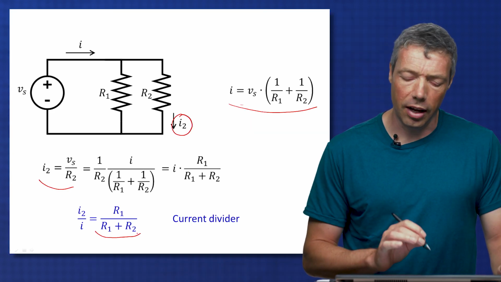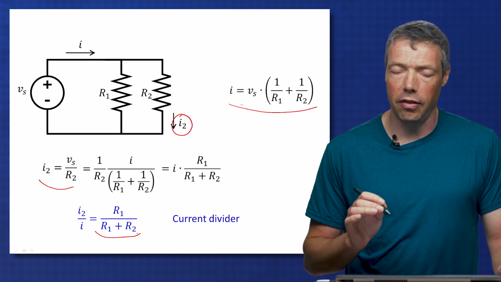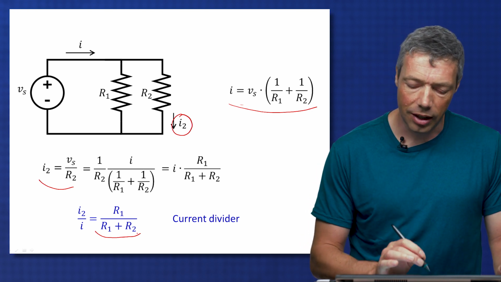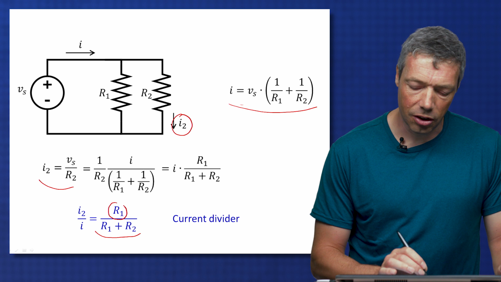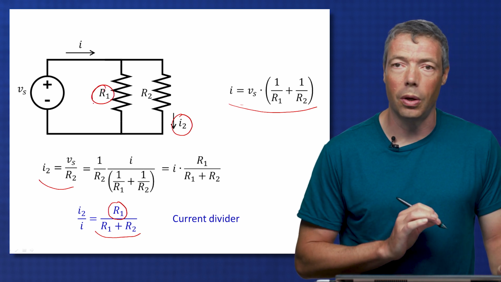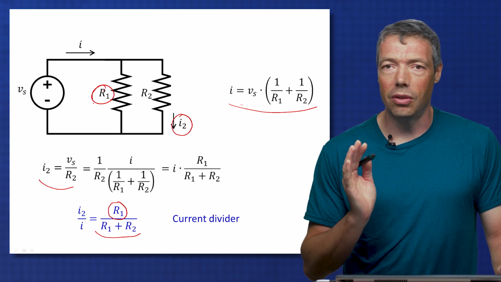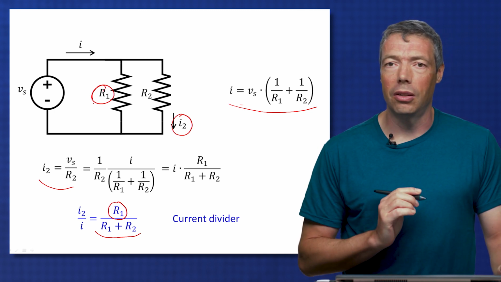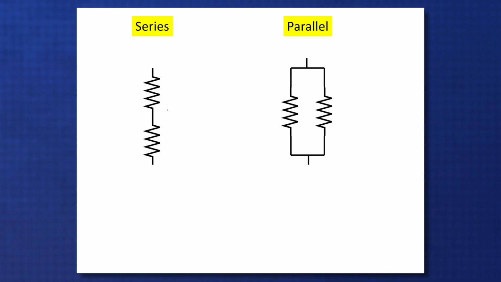So this expression looks very similar to what I had for a voltage divider. However, note that the resistor here at the top is the one in the other branch. It's R1. It's not R2, it is R1. So for the current divider, it is the resistor in the other branch divided by the sum of the two resistors.